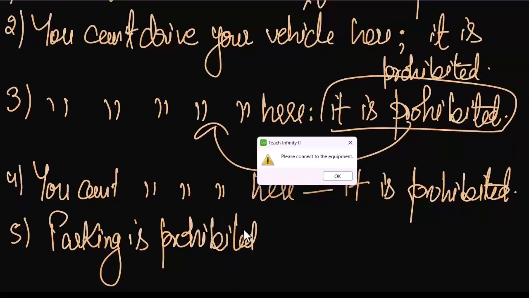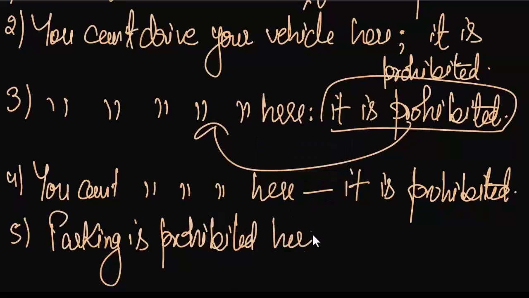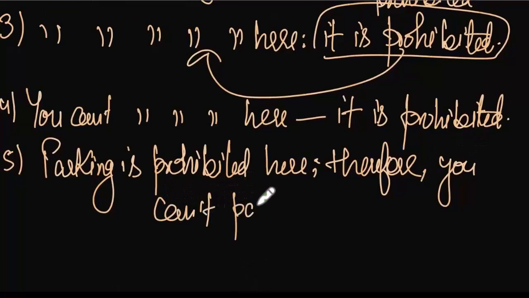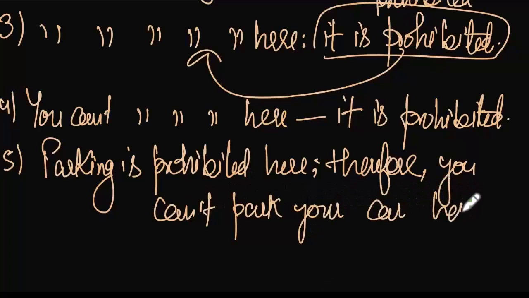I'm going to use a semicolon first. Therefore is my conjunctive adverb. Parking is prohibited here; therefore, you can't park your car here. So you can use a conjunctive adverb to add two independent clauses together and form a compound sentence. Before the conjunctive adverb, you have to use a semicolon, and after that a comma.